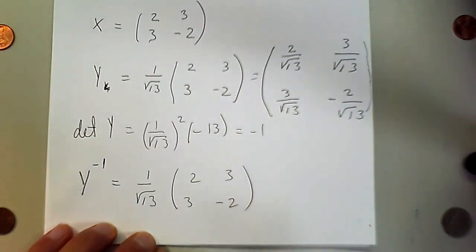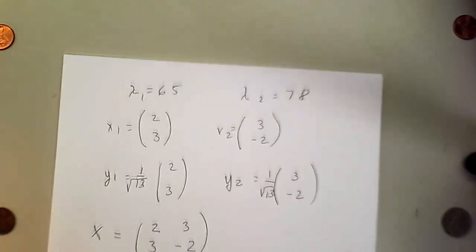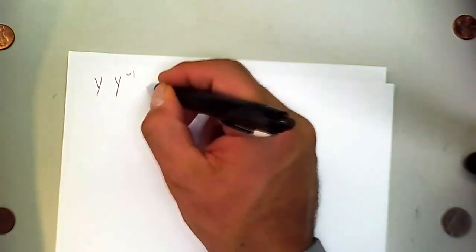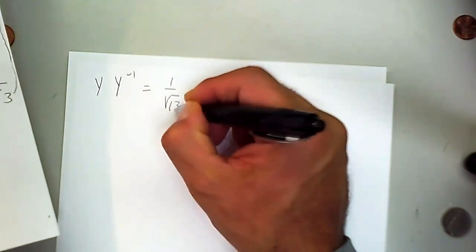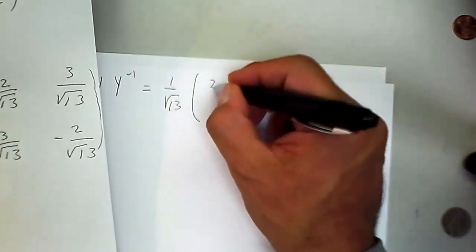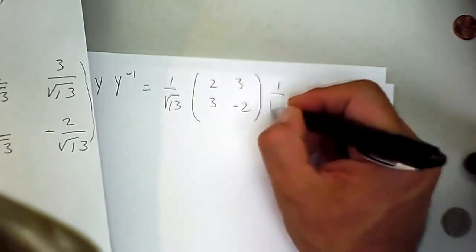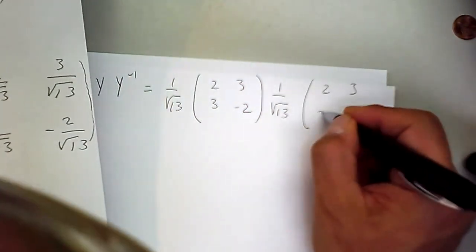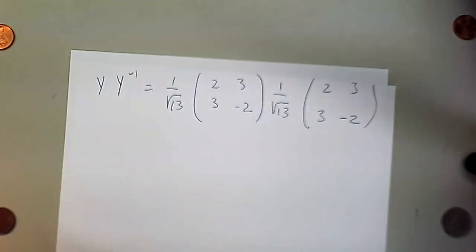Now, I'm skeptical. Is that really the inverse? Well, we can check. It doesn't take much. Y multiplied with what we think the inverse is: 1 over the square root of 13 times 2, 3, 3, negative 2, times 1 over the square root of 13 times 2, 3, 3, negative 2. Let's see if that is true.